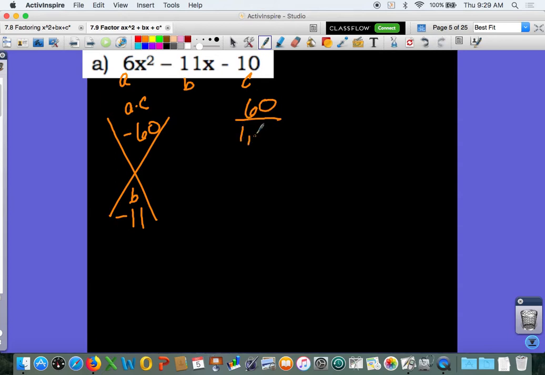Factors of 60: 1 and 60, 2 and 30, 3 and 20, 4 and 15, 5 and 12, 6 and 10, and I believe that's all of them.